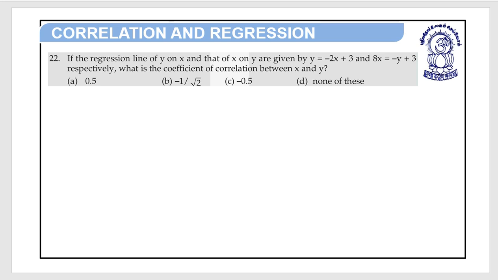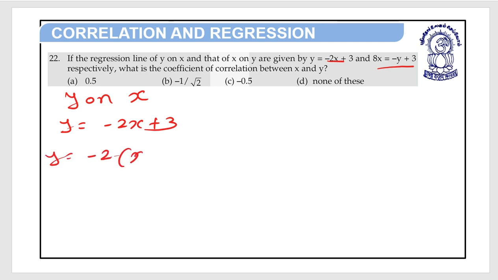If the regression line of y on x and that of x on y are given by y is equal to minus 2x plus 3 and 8x is equal to minus y plus 3 respectively, what is the coefficient of correlation between x and y? Here y on x, y is equal to minus 2x plus 3, so byx is equal to minus 2.